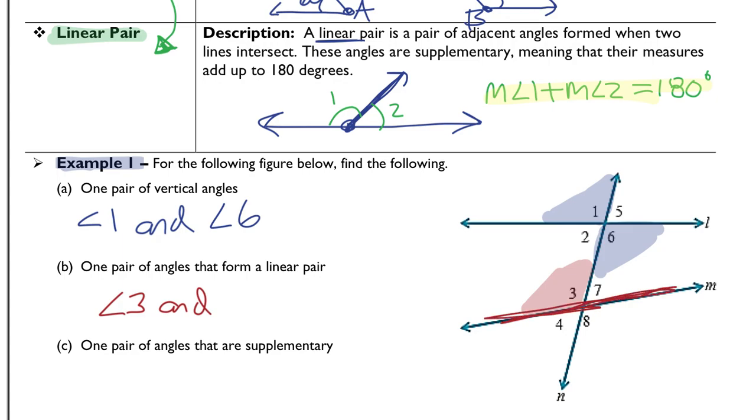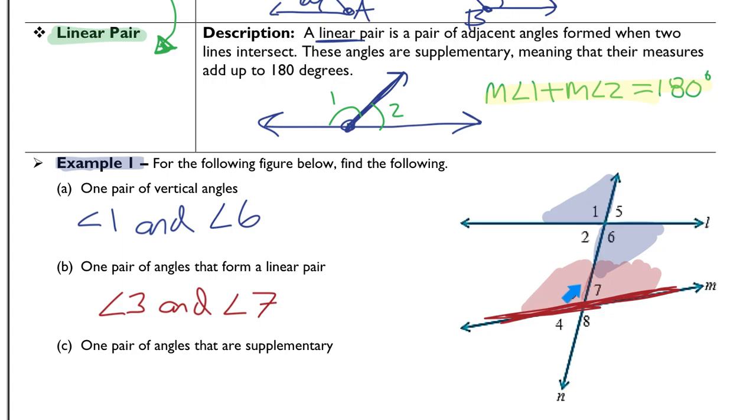This is a line that's attached to angle 3. So the other angle that is linear to it is just over here. So those two angles, 3 and 7, are creating that line. So angles 3 and 7 are in fact a linear pair. Now there are lots of linear pairs in this. I could have done 3 and 4 because they create this vertical line as well.